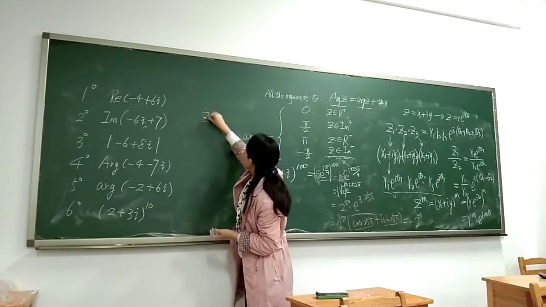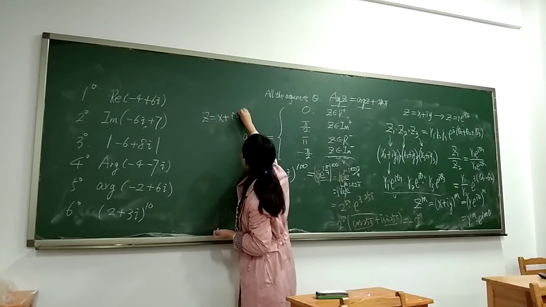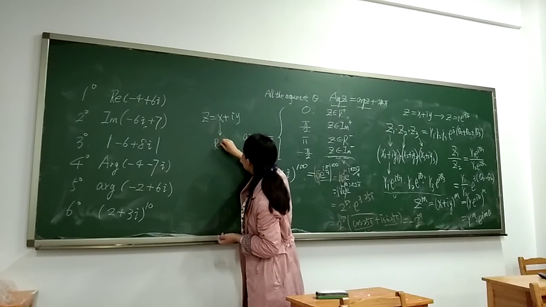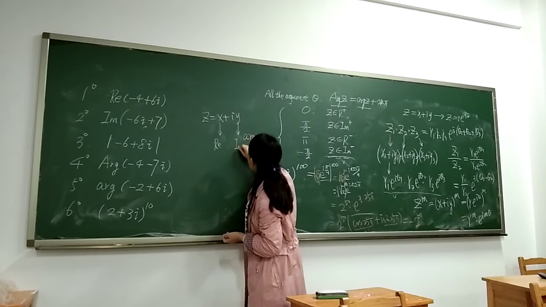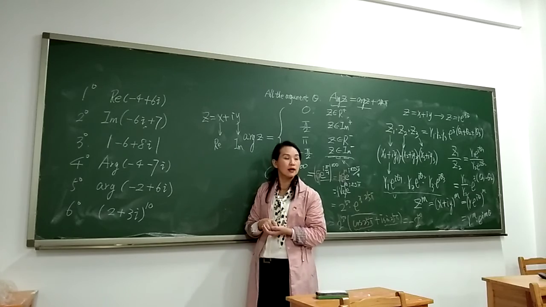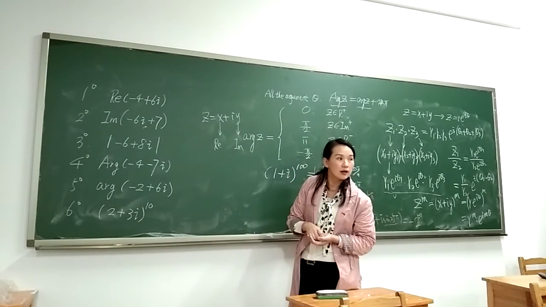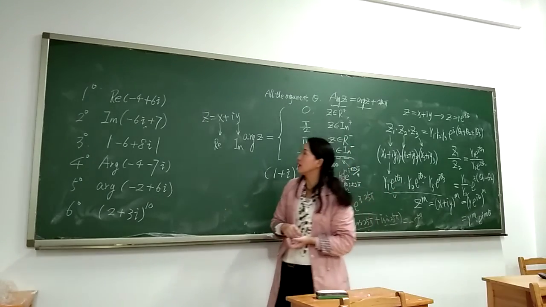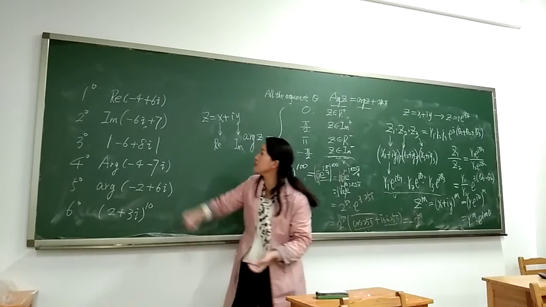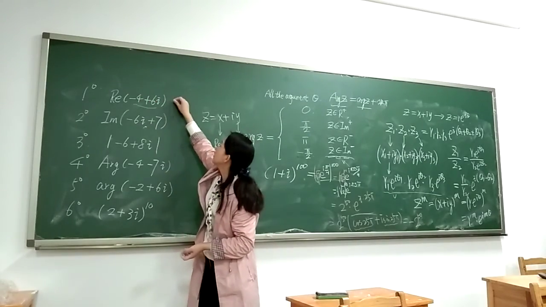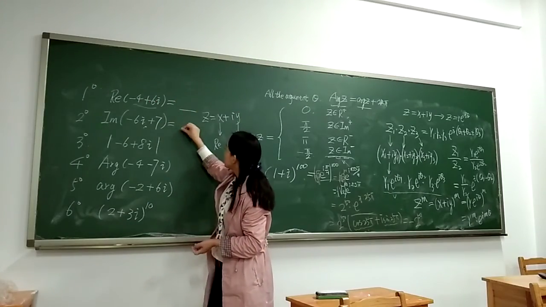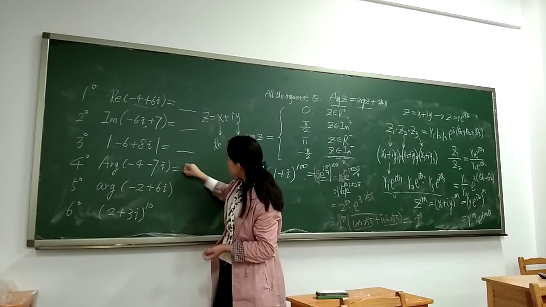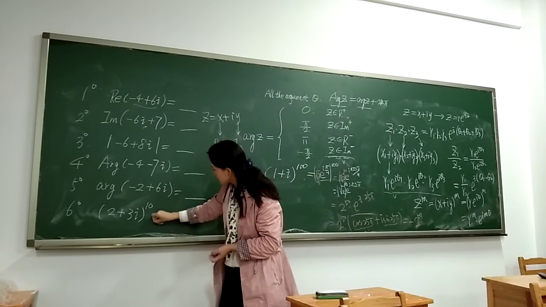If z equals x plus iy, this is the real part and this is the imaginary part. When you write like that, you want that we give you the real part. You find the real part. So please tell me the real part of this number. Understand that?